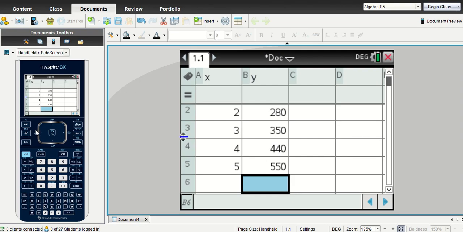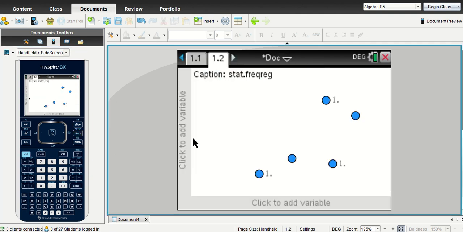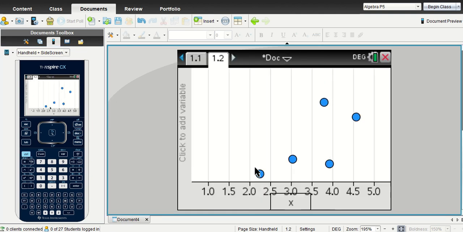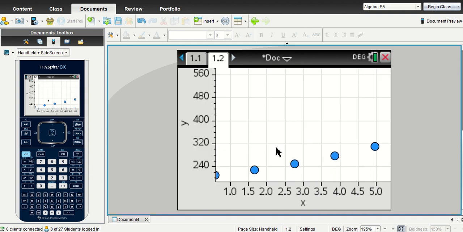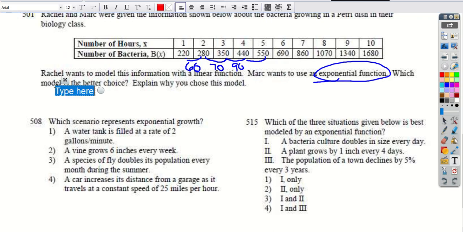So if I were to insert a document, right, and do the data statistics, I can choose my X and Y here, and you can actually see, right, it's increasing. It's not making a straight line here. So I wouldn't want to pick a linear. I would want to do an exponential. So we would just put down an exponential, since the increase is not the same. Okay, or as X increases, the Y value does not increase by the same amount.